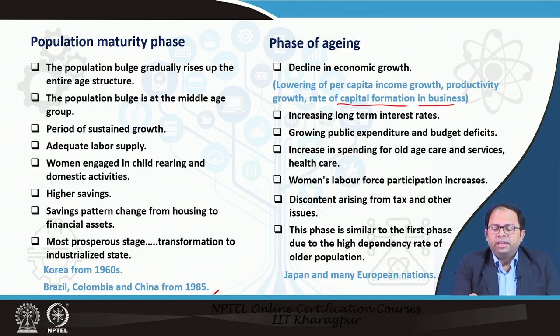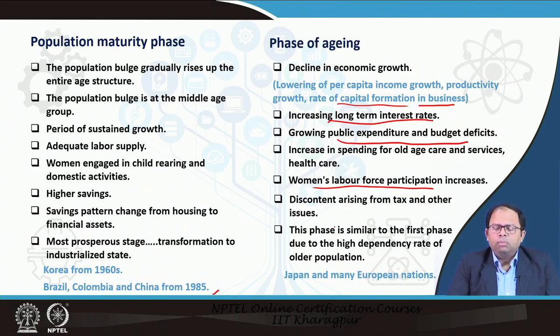This also increases long-term interest rates, and then growing public expenditure and budget deficits, because government has to spend more on supporting different kinds of social services for old people and other population groups. Then increase in spending for old age care and services. Women's labor force participation also increases. Discontent arising from tax and other issues.